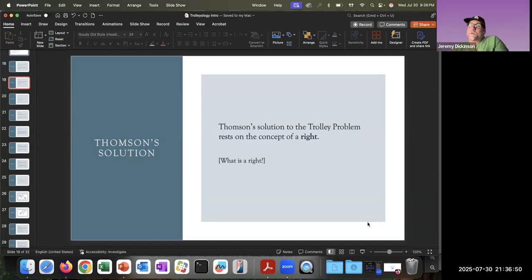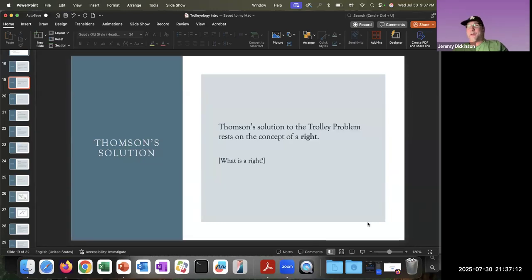Of course, there are political rights too. You might think that the right to free speech is something that we don't have in a state of nature, but we think we have it. I think you only have it in a political society.